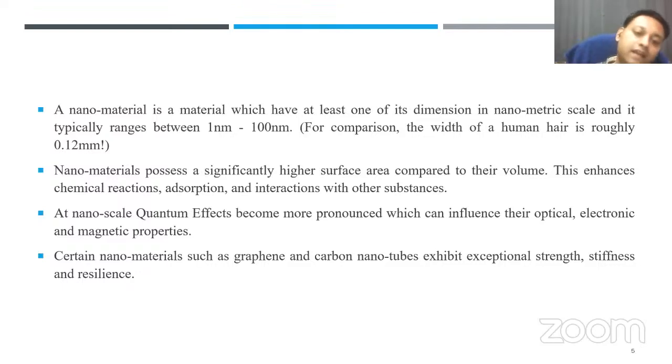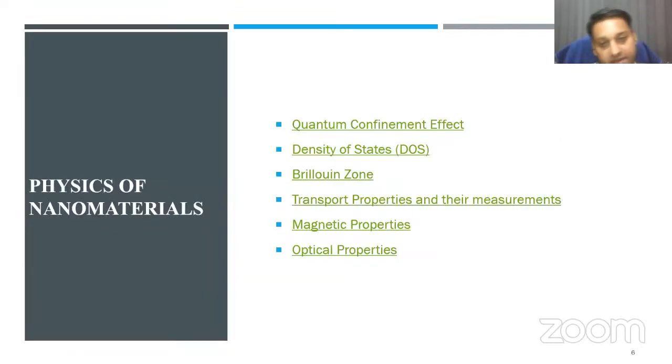The reason behind that we'll discuss when we discuss the physics of different nanomaterials. Certain nanomaterials such as graphene and carbon nanotubes exhibit exceptional strength, stiffness, and resilience, and that's why graphene finds use in different mechanical applications wherever you need a very strong material for stability.